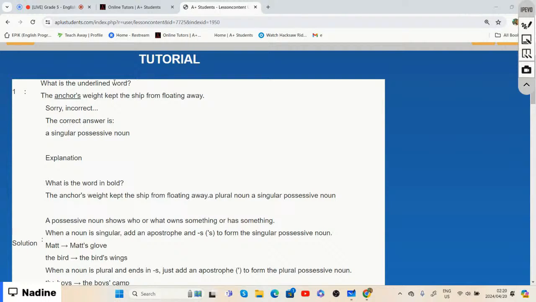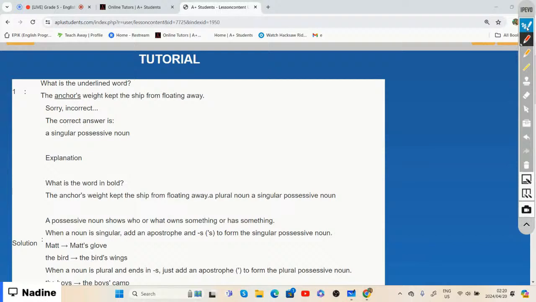All right. Yes. And if we were to select or say what the underlined word is, we can say, yes, it is a singular possessive noun, right?